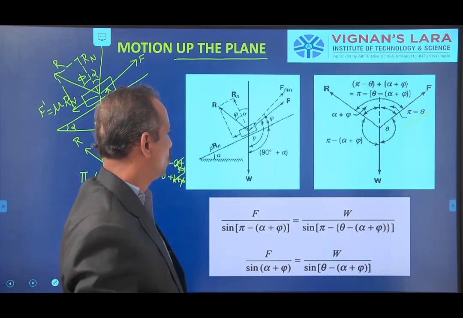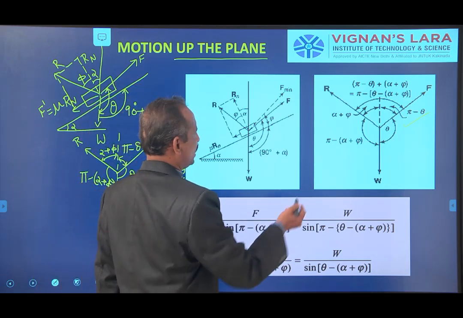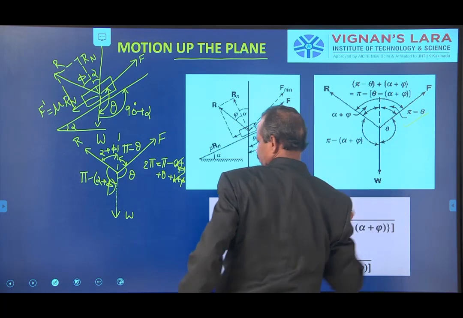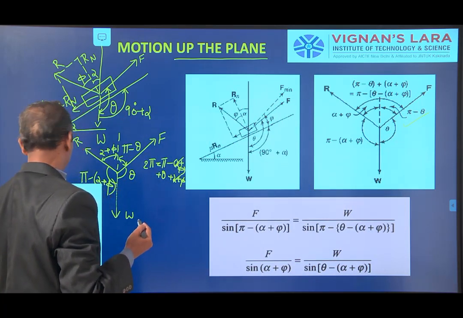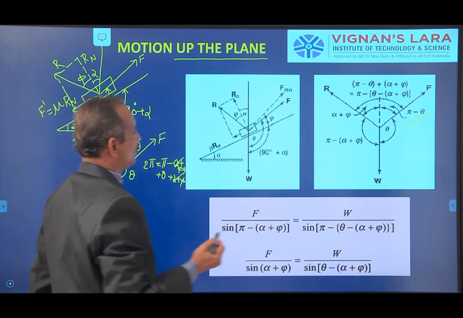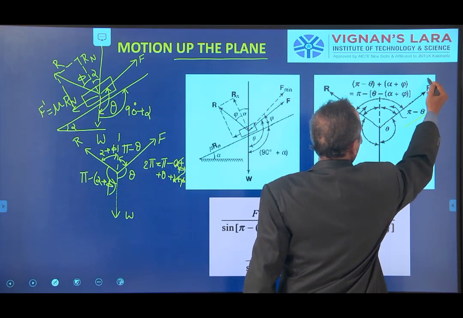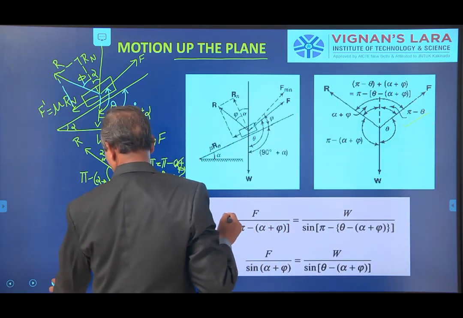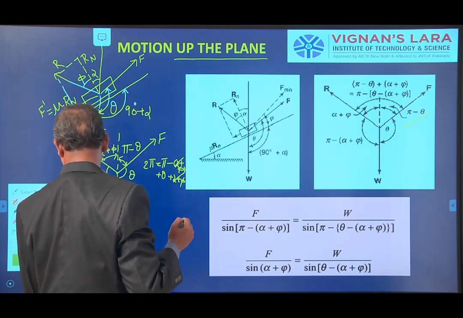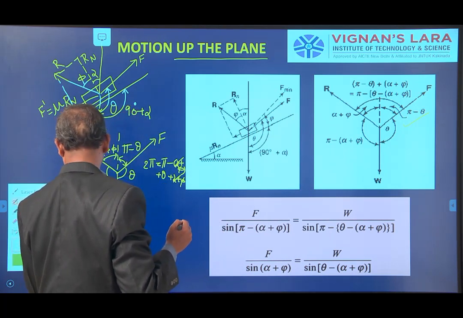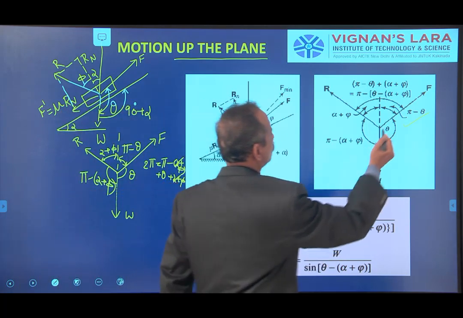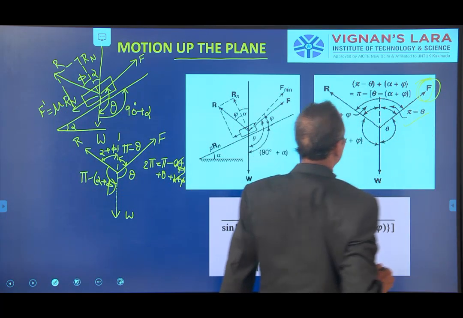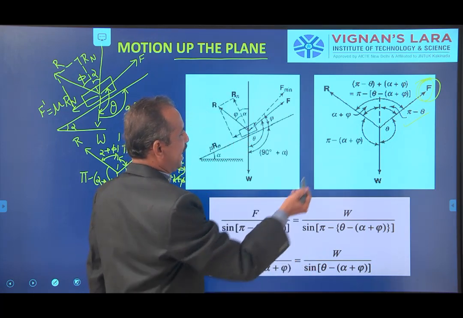What is this Lami's rule? Let us see. This is the force F. So what is its opposite angle?